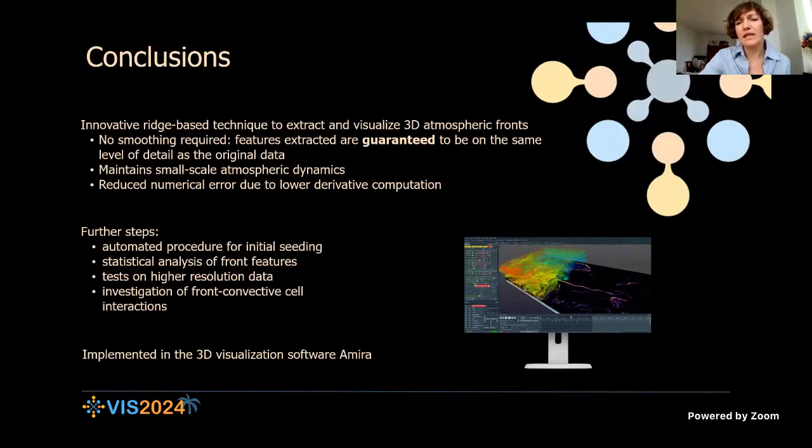So I presented an innovative ridge-based approach to extract and visualize three-dimensional atmospheric fronts with no smoothing required, ensuring that features are represented at the same level of detail as the original data. The ability to use a lower derivative compared to contour-based methods reduces the numerical error. This approach has therefore the potential to significantly improve the investigation and understanding of atmospheric dynamics in frontal environments.